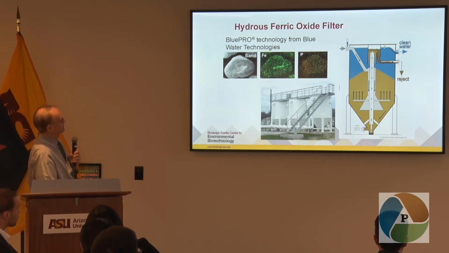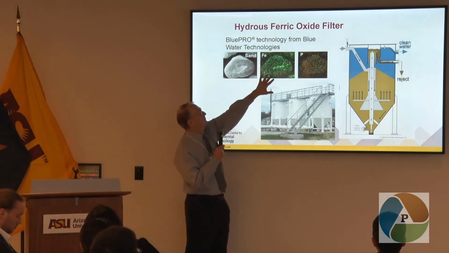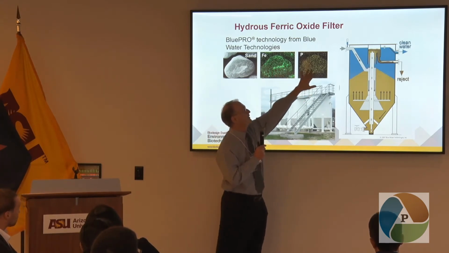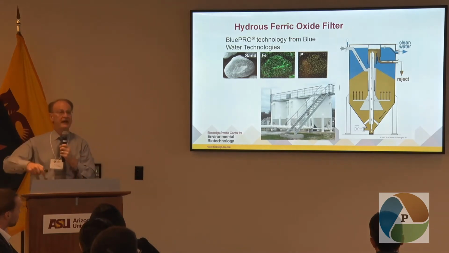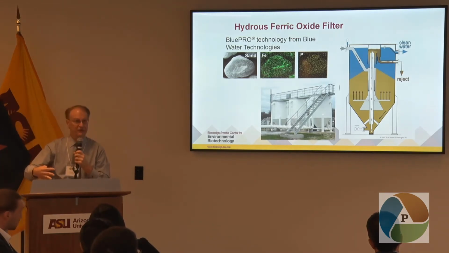So here's a picture. In this particular one, they take sand grains, they coat them with iron oxide, that's shown here in the green. That iron oxide is a very selective adsorbent for phosphate, and there's the phosphate it comes up there. So this is a full-scale commercial treatment system for removing phosphorus from wastewater.